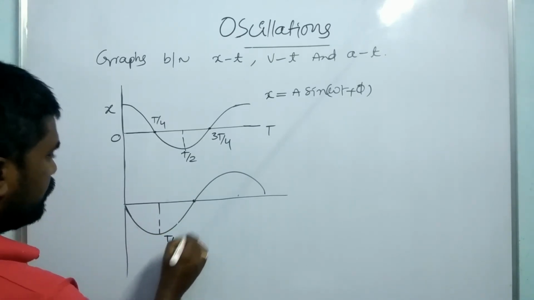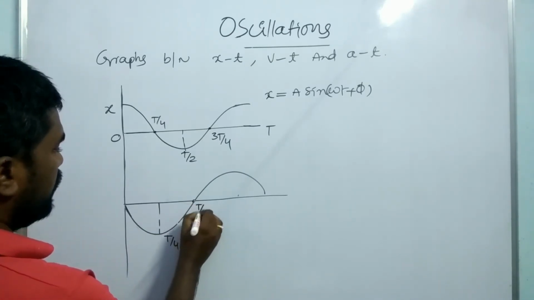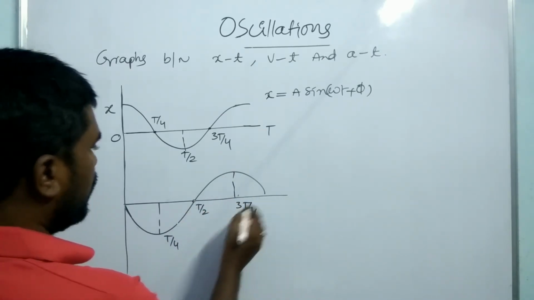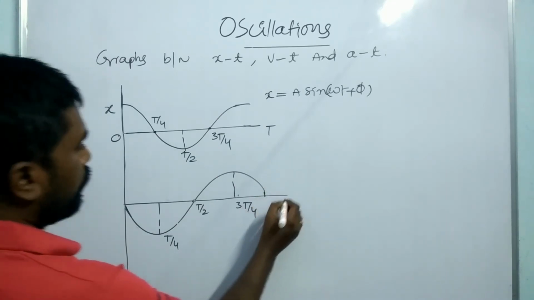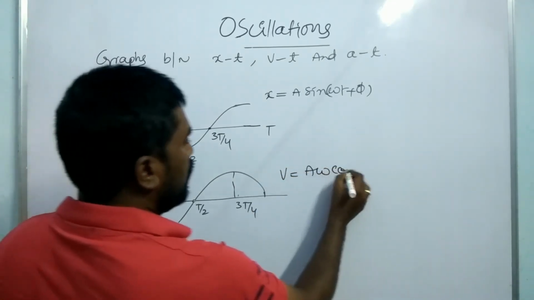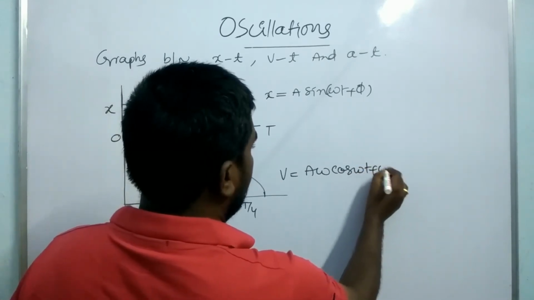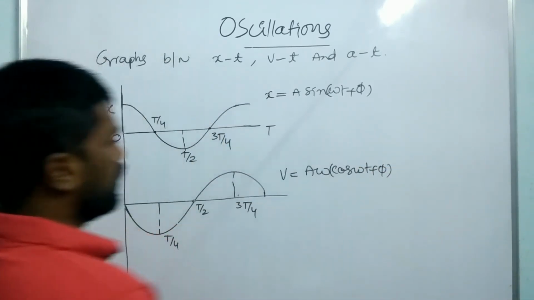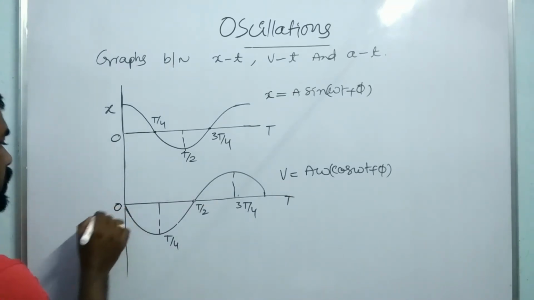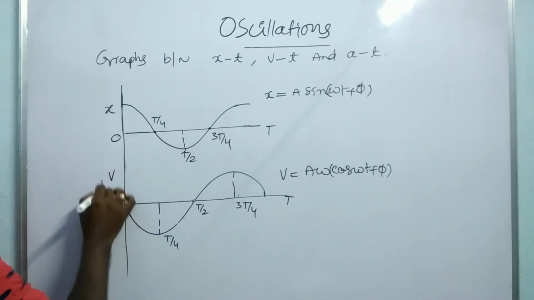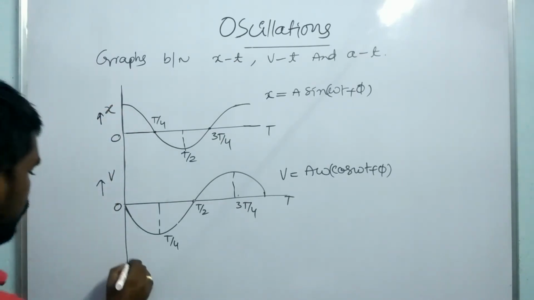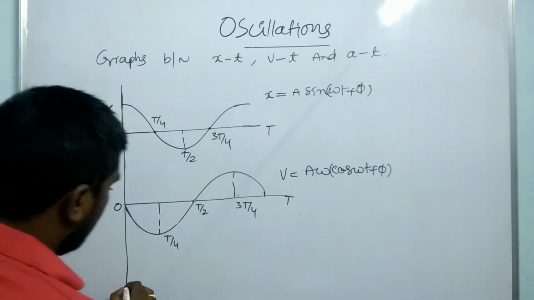So this is t by 4, and this is t by 2, and this is 3t by 4. Here v is equal to a omega cos omega t plus phi. So this is the time, and this is the origin where this is velocity, this is displacement.